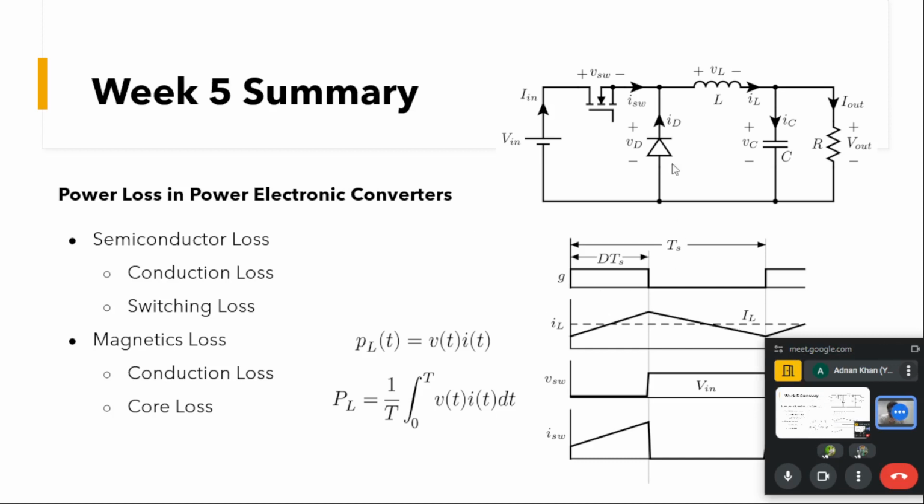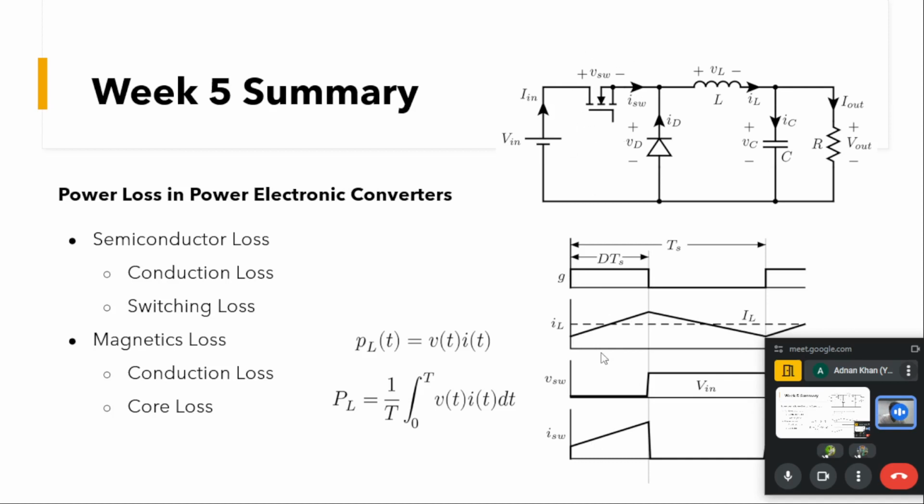So I told you there are devices in this. If this is the topology of the buck converter, there are devices like the MOSFET. Whenever this MOSFET is turned on, there is some current flowing through it, IL, during the DTs interval.